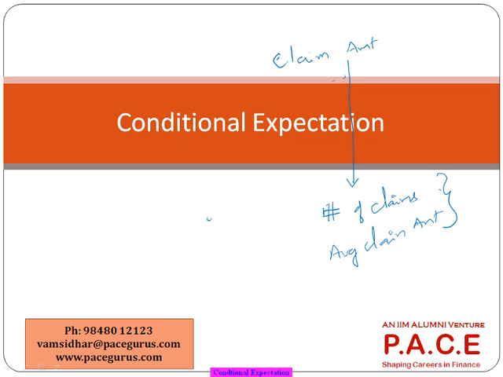And it may so happen that the total number of claims may be modeled using some discrete distribution, like a Poisson or some kind of a distribution, because number of claims is discrete. Whereas average claim amount, I can have it as some conditional, continuous kind of a distribution, like a log normal or something like that.